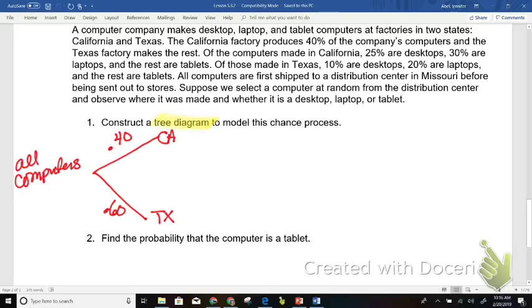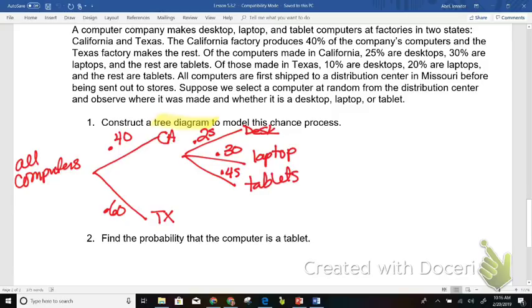The ones that are made in California have a distribution where 25% are desktops, 30% are laptops, and the rest, so 100% minus 25% minus 30%, so the rest is 45%. Those are tablets. We have something similar happening in Texas.